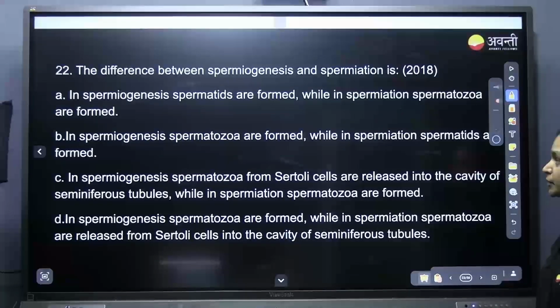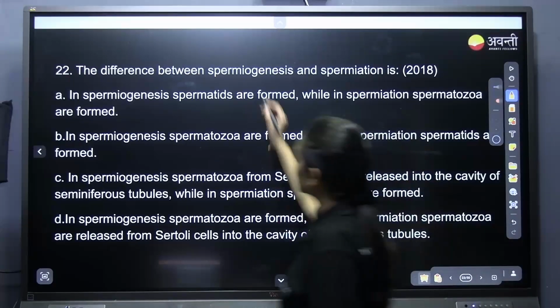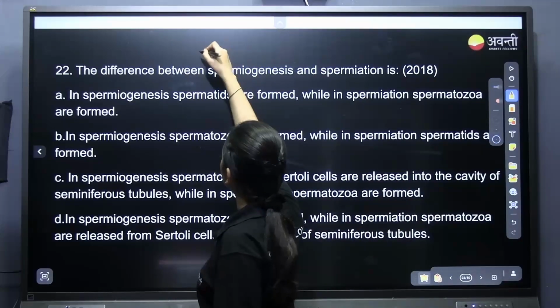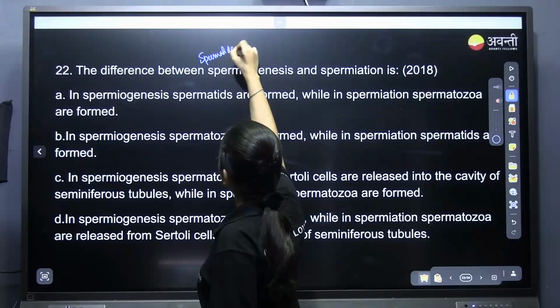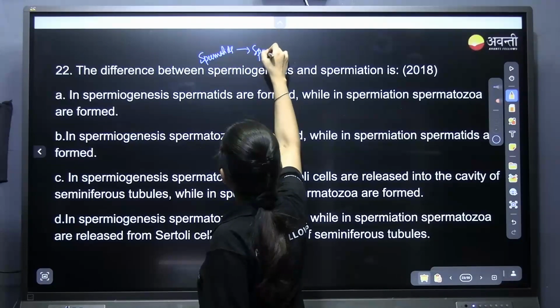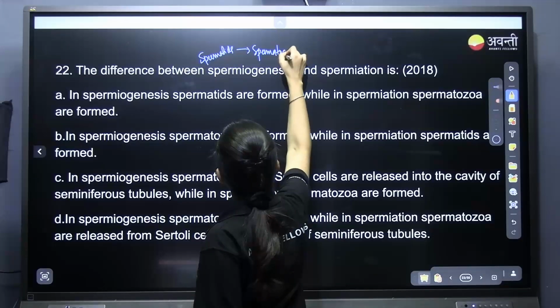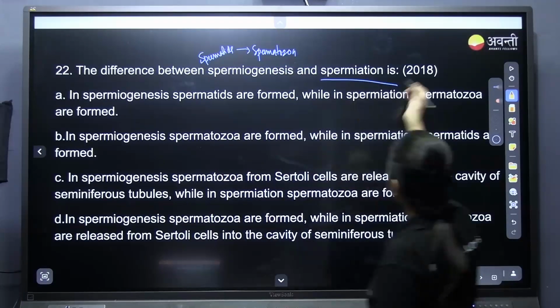The difference between spermiogenesis and spermiation. What do you mean by spermiogenesis? Spermiogenesis means the process of spermatids becoming spermatozoa. What is spermiation?